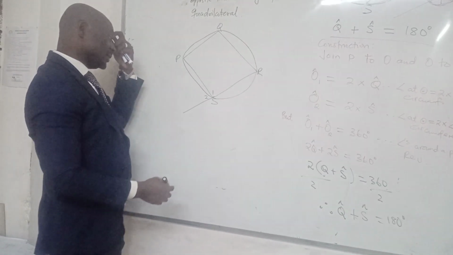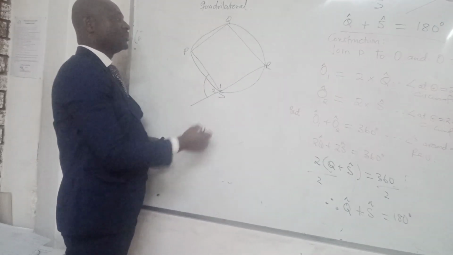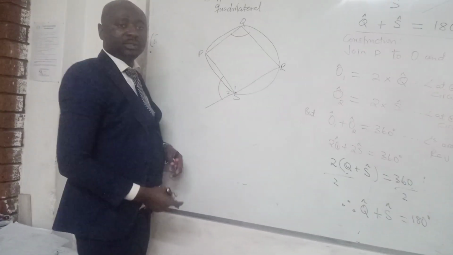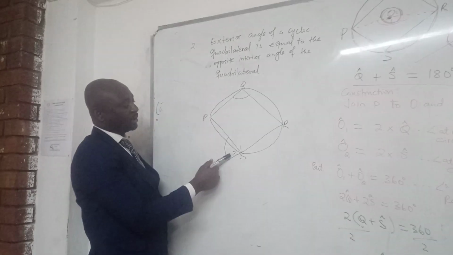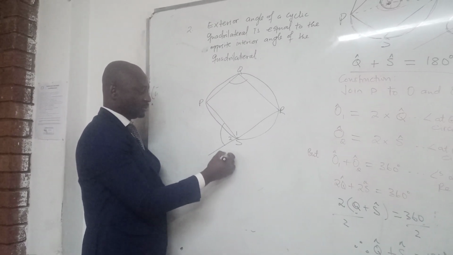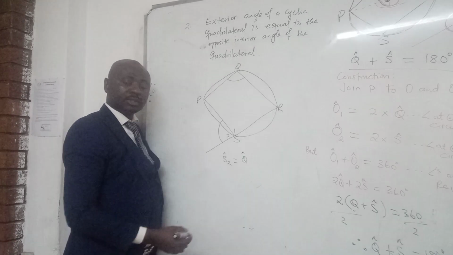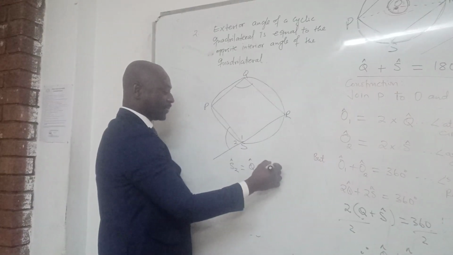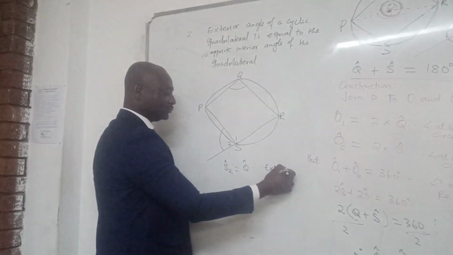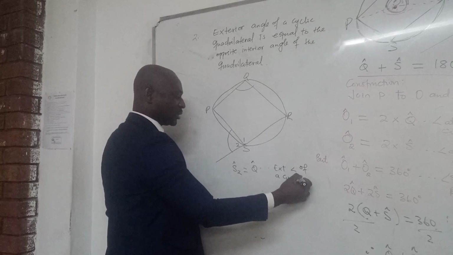Now there is an angle that is going outside the quadrilateral. This angle here is equal to the opposite interior angle. So angle S2, in exams, if they give you S2, S2 is the same as angle what? Q. Reason? Exterior angle of a cyclic quad.